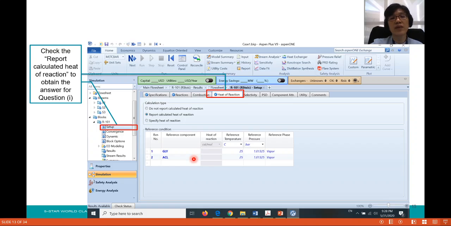The reference component here is always the reactant of the reaction. So for the first reaction it is glycerol and for the second reaction it is acetol. Once you have chosen the reference component, the reference temperature, reference pressure, and phase will be chosen automatically.